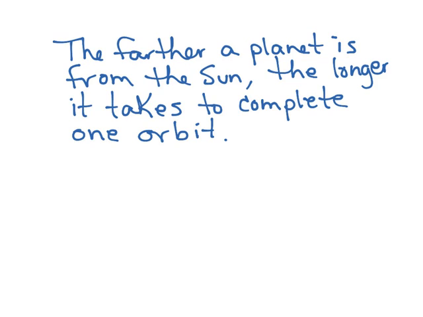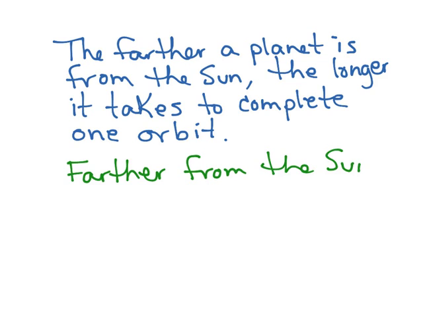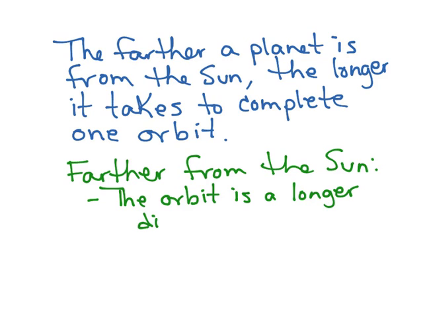And that really does make sense, because if you're farther from the sun, you've got two things working against you. One, the orbit is going to be a longer distance. That is, you have to travel a longer distance to make your way all the way back to where you started, because you're going all the way around. If you're close to the sun, your distance is a very short path to make one complete circle.